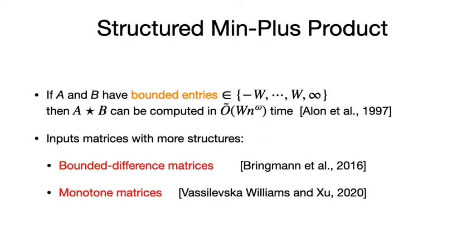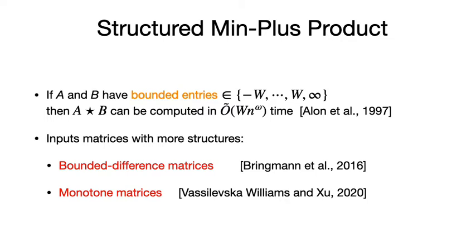Although min plus product is hard in general, there are special cases where faster algorithms exist. The most well-known example is when both matrices have small bounded entries, and in this case, the min plus product can be computed in subcubic time.